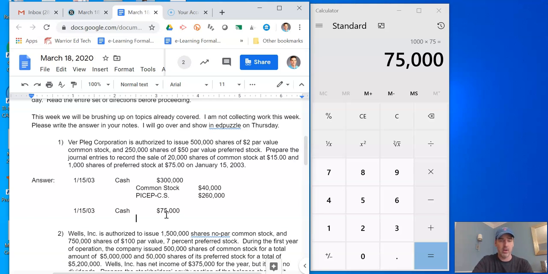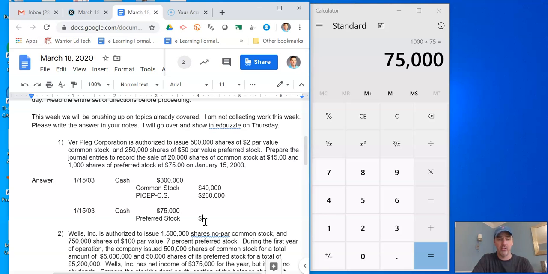Now, what's different is that preferred stock, and we've talked about this already in class, has a higher par value because that's what they base the dividend off of. The common stock par value is a legal requirement. It's arbitrary, whereas the preferred stock par actually means something because that's how the board knows how much to pay the dividend for preferred stock.